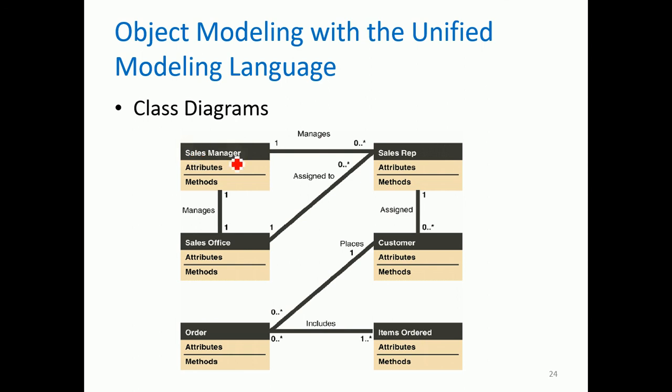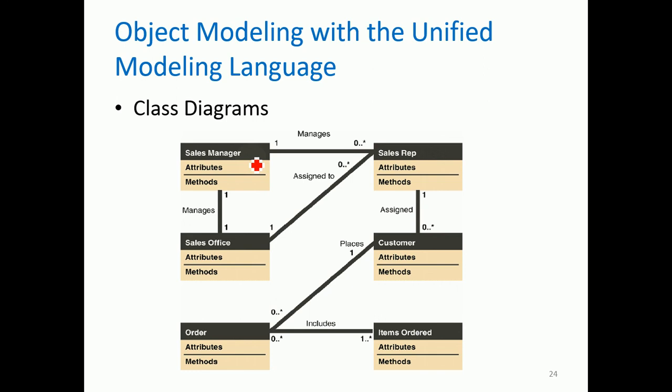Okay. So we have the relationship between sales manager and sales rep. How do we read this relationship? One sales manager manages zero or more sales reps, where the asterisk is read as more.